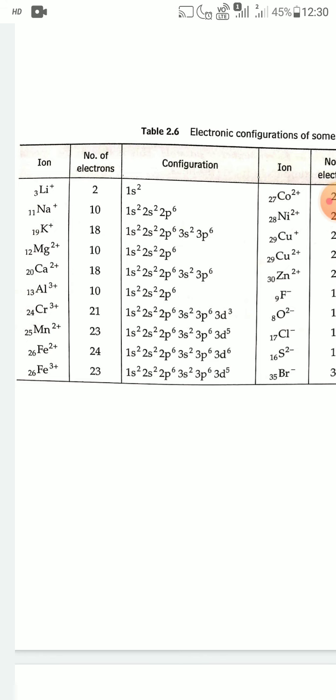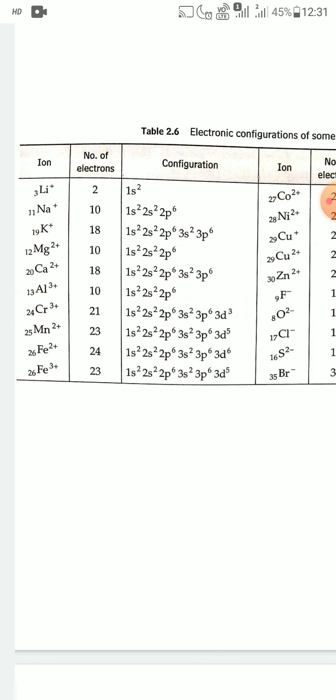The electronic configuration of lithium is 1s2 2s1, but the electronic configuration of Li plus is 1s2 only, because when lithium releases 1 electron it becomes Li plus. In the Li plus ion there are a total of 2 electrons, but in the lithium atom there are 3 electrons. So the electronic configuration of the Li plus ion is 1s2.